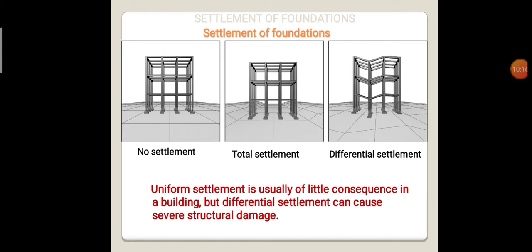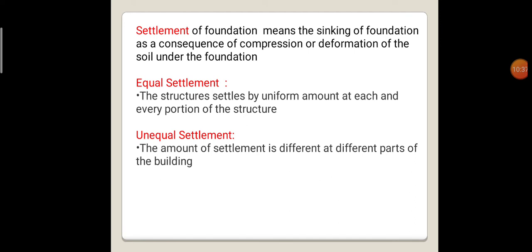So if you are having the even load, then automatically we are obtaining only the total settlement. So if you are giving the differential load or uneven load, then we get differential settlement. So it is seen from figure 3. So these are the settlements of foundations. So the explanation of the settlements is here.